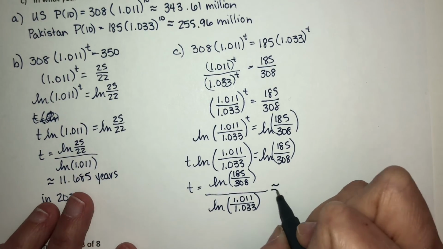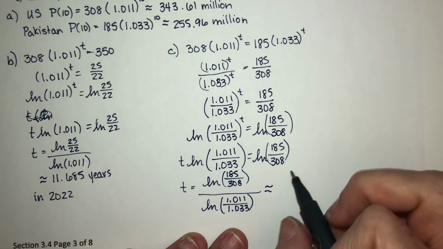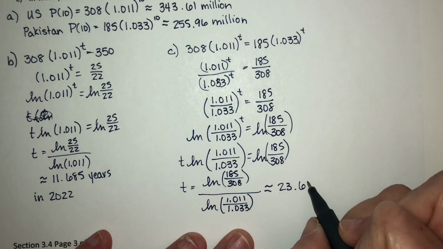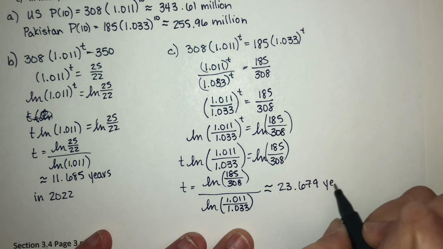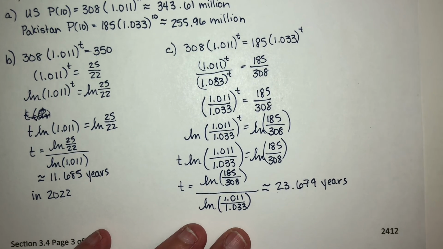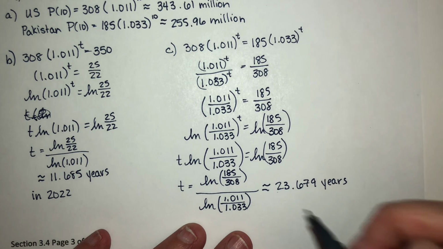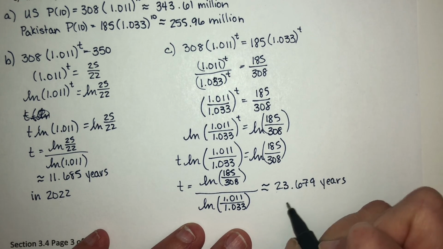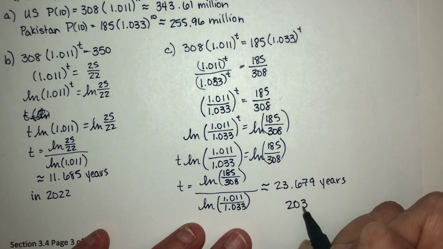If you go to your calculator, you'll get approximately 23.679 years. And this is in years after 2010. So that would get me up to 2033, and then we go up a little bit more, which pushes us into the next year. So this is going to happen sometime during the year 2034.